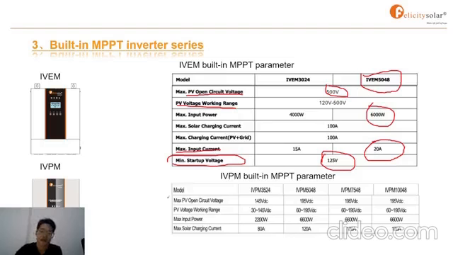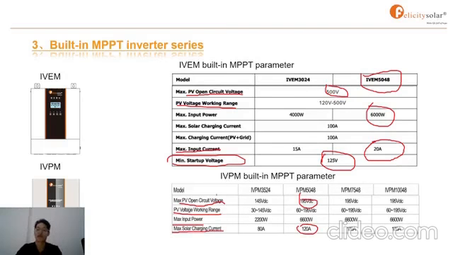The basic parameters are in essence the same: the VOC, the maximum open circuit voltage, the PV working range, the max input power, and the max solar charge current. What is different is the voltage and the current.